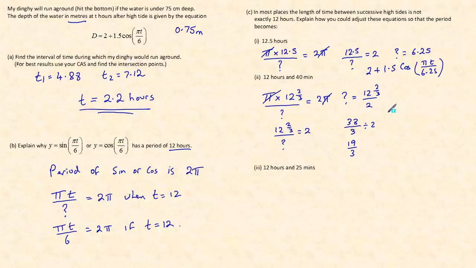So now our equation is going to be 2 add 1.5 cos pi t divided by 19 over 3. And that looks really untidy with this on the bottom, so the 3 would come up to the top. So 2 plus 1.5 cos 3 pi t over 19.